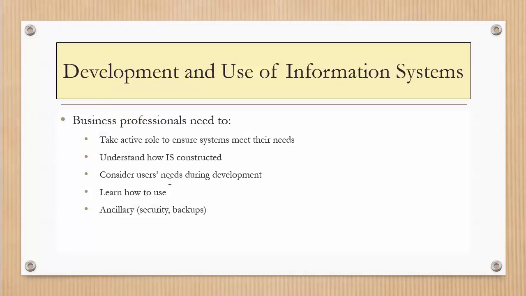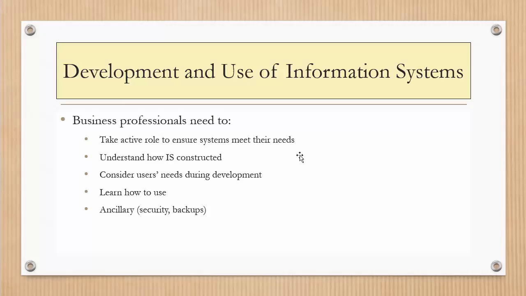So when we look at that information system, there are certain things that people that aren't in the information systems department need to be aware of. And so that would be you as a business professional. You need to take an active role in that system, and make sure that it's going to meet your needs, it's going to produce the output that you need.